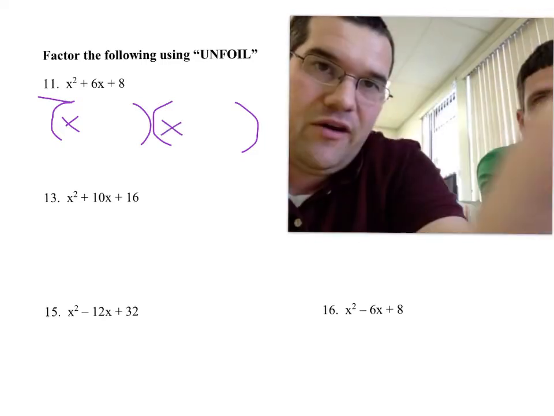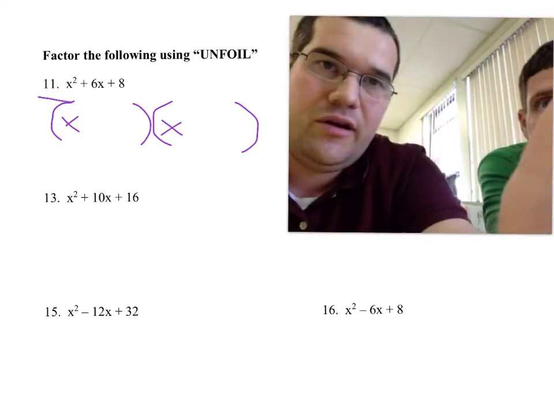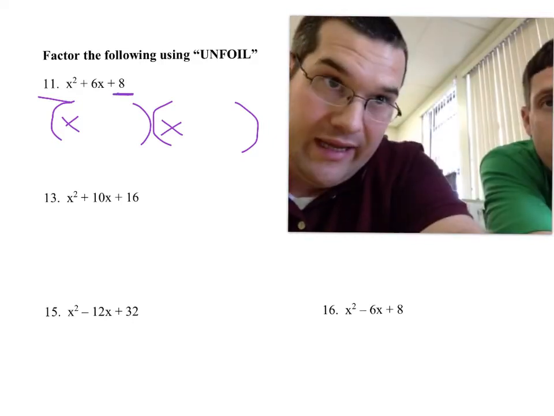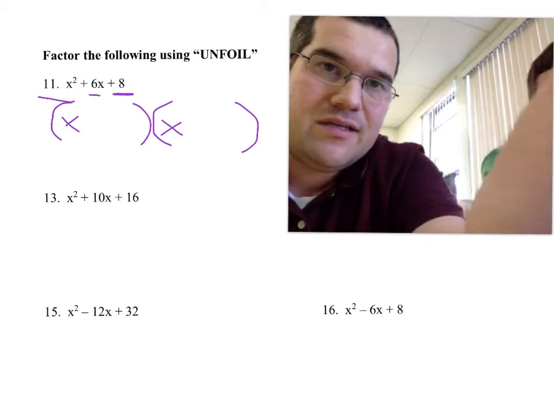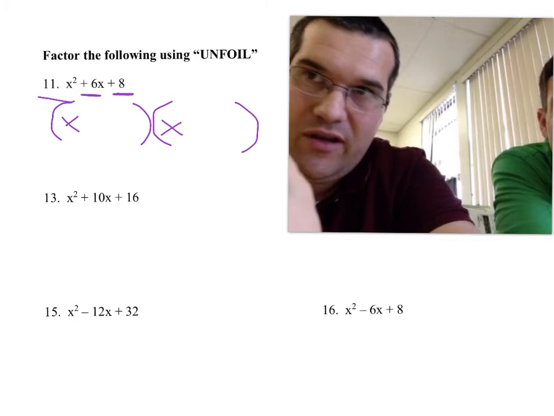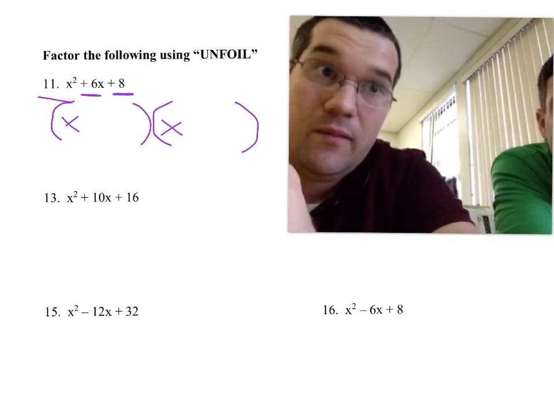Now what I need to figure out, just like with the earlier questions, is what two numbers I can multiply together to get 8, my last number, but that add up to the positive 6. Going through the factors of 8, I have 1 and 8, 2 and 4, that's it.